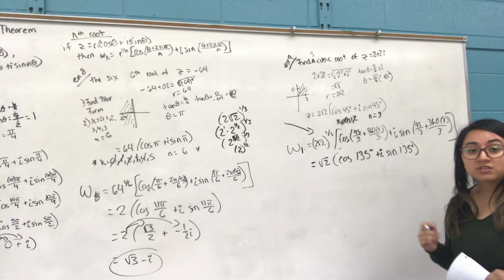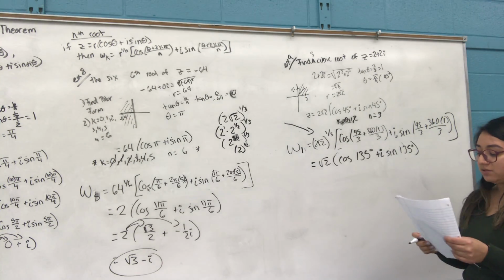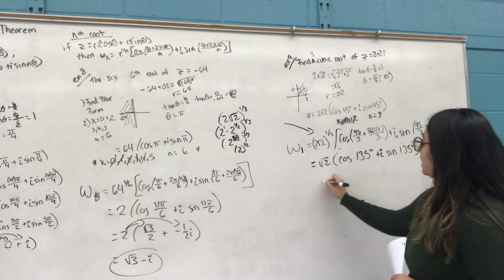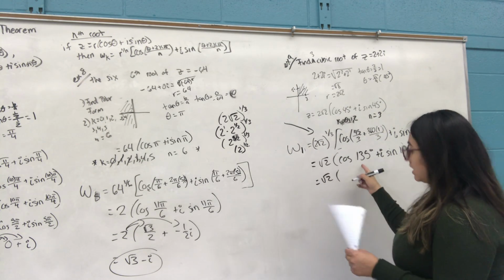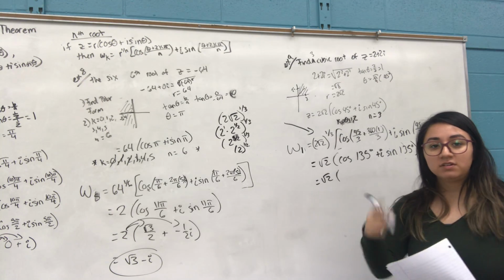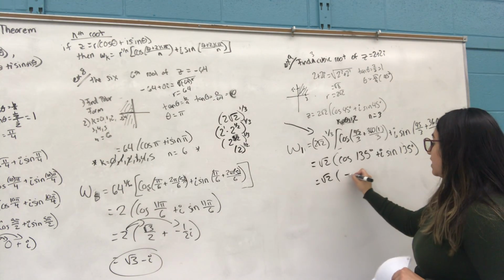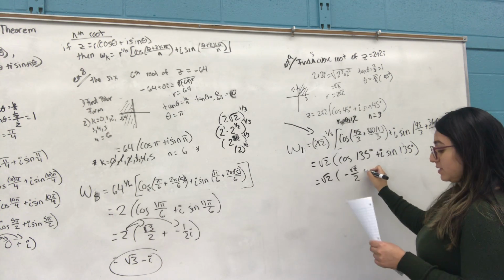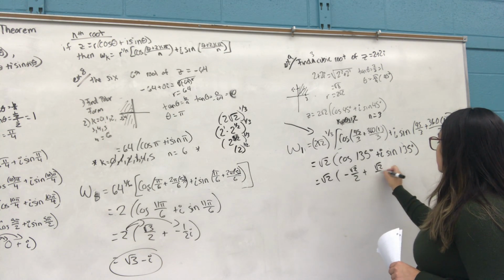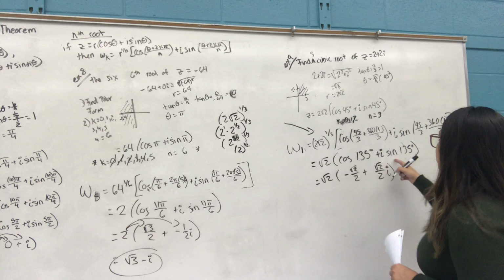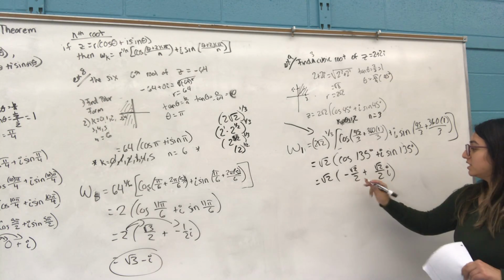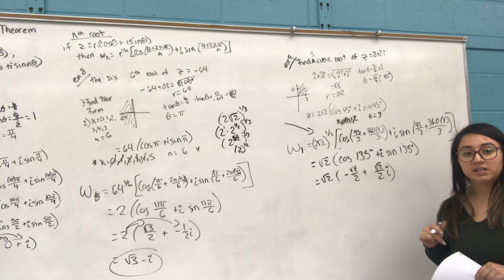So if it's in the unit circle, I would use that radical. So when I use that, the cosine of 135, so I go to my unit circle, I find the coordinates, and then the cosine of 135 is considered negative radical 2 over 2 plus radical 2 over 2 i. That's what sine of 135 is. So it's negative radical 2 over 2 comma radical 2 over 2.